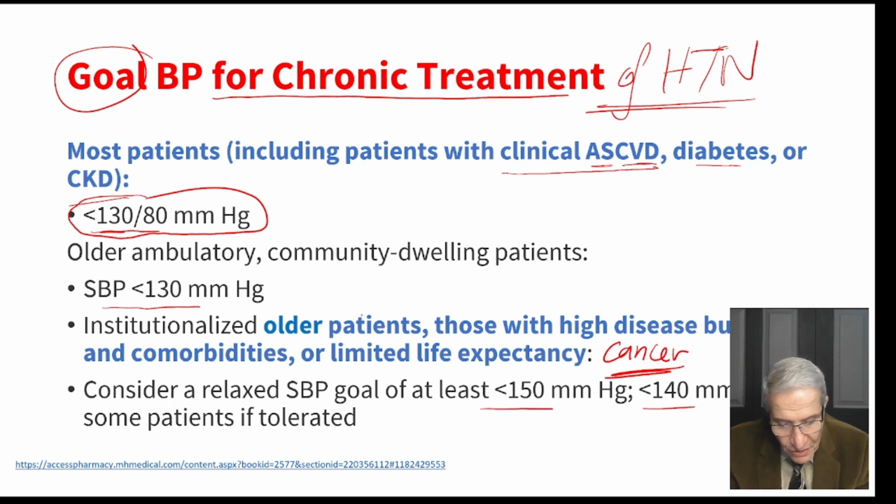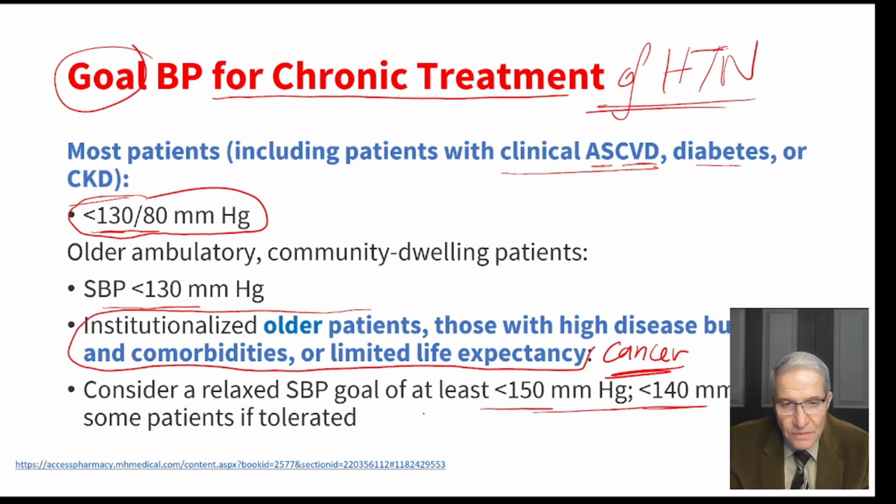So when we have end-stage disease and the patient is very weak, we accept 150, 140. We are not going to be strict for those patients. But for the chronic patient normally, our desired number will be less than 130/80.